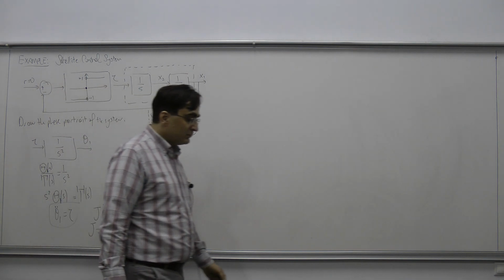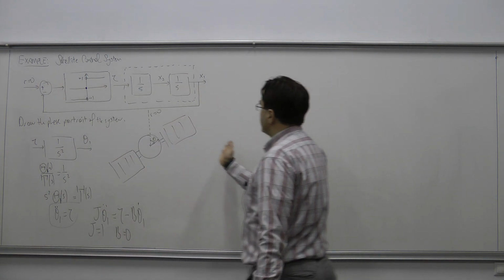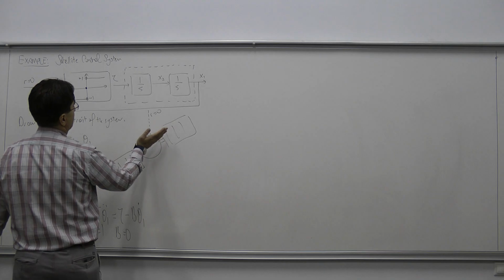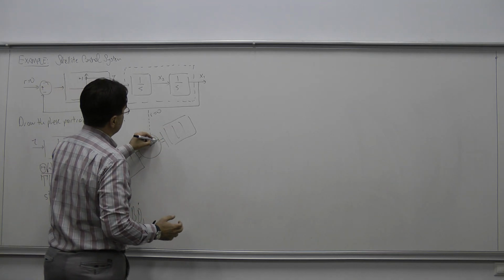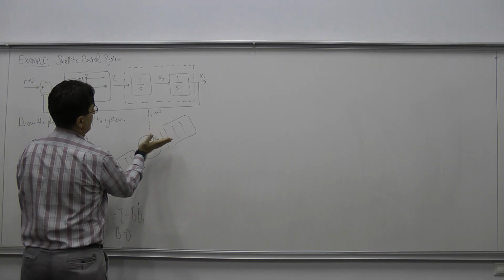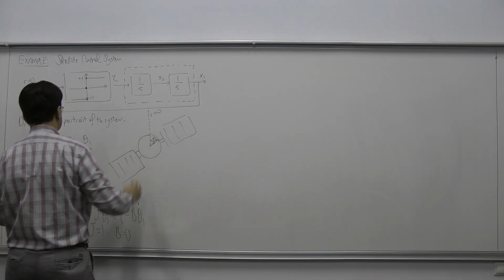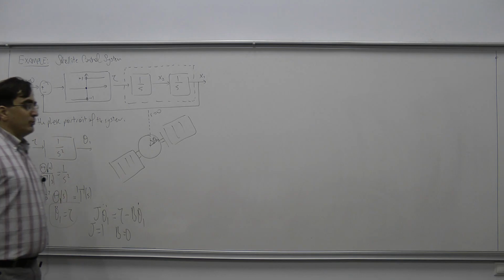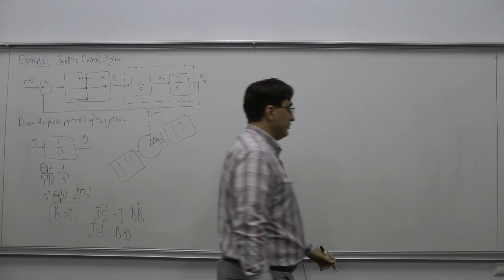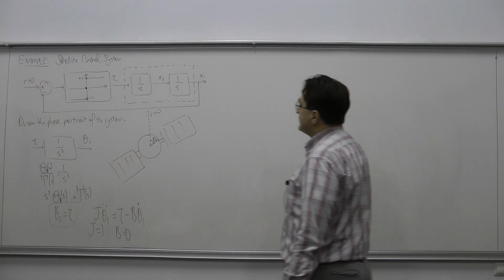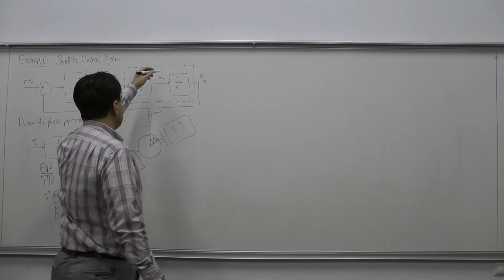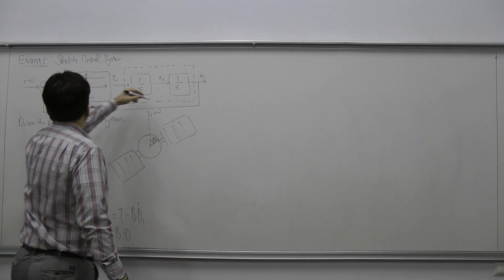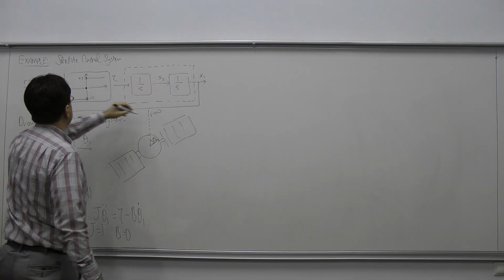All right? So we would like to bring the angle of the satellite, that is theta 1, to 0. Okay, so we would like to bring it to the reference 0. And in this feedback loop, how do we want to achieve it? So you see that here, we are actually defining a feedback loop.